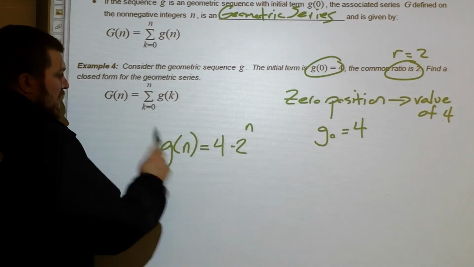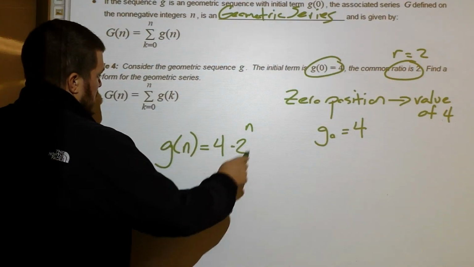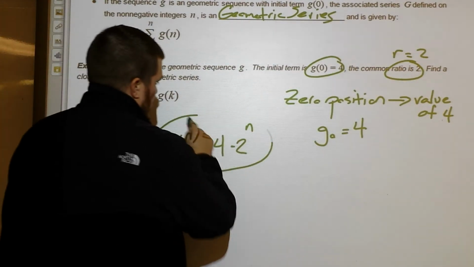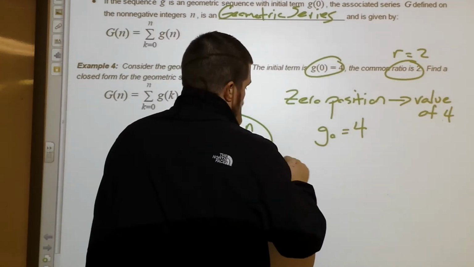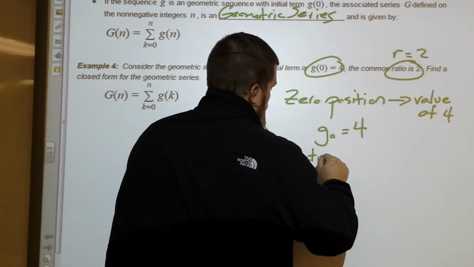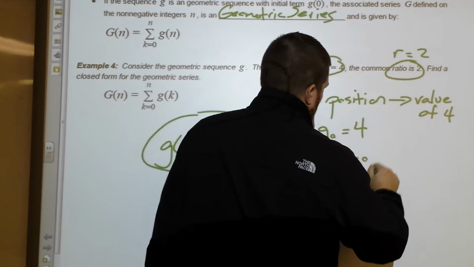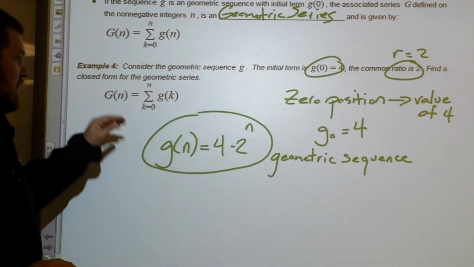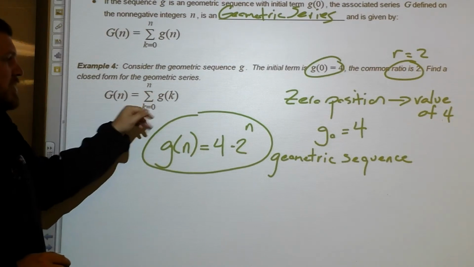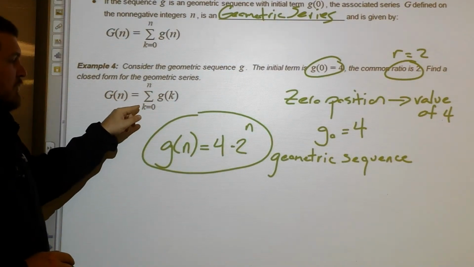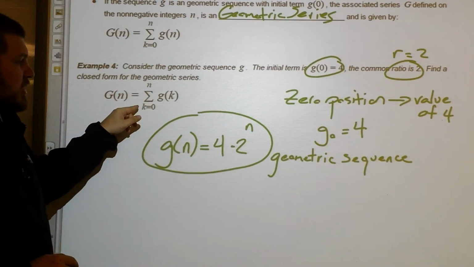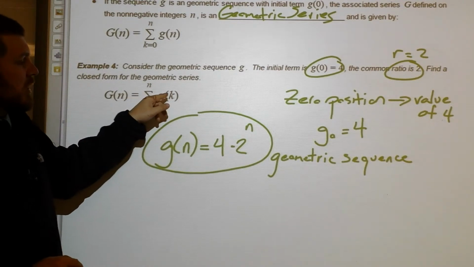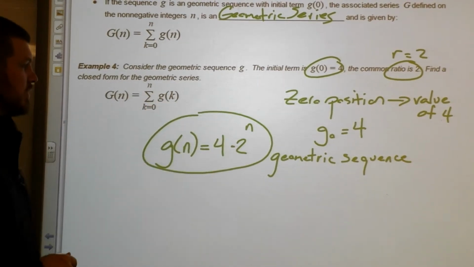Now what we're going to do is use this geometric sequence as a model to find the geometric series. Again, our variable on the bottom of the sigma notation must match the variable that we're plugging into our sequence.